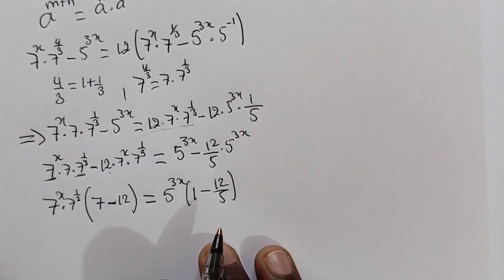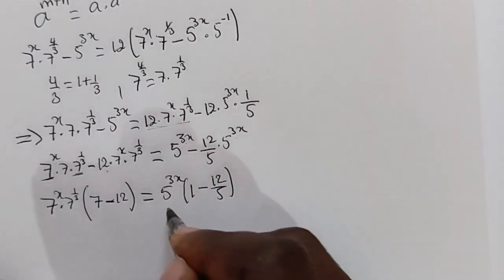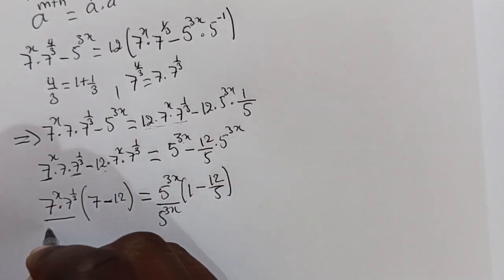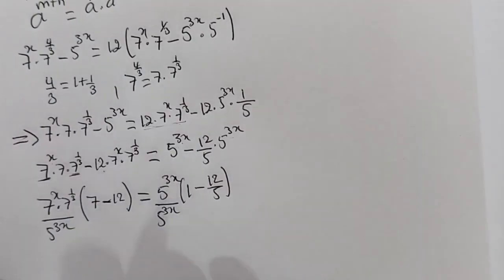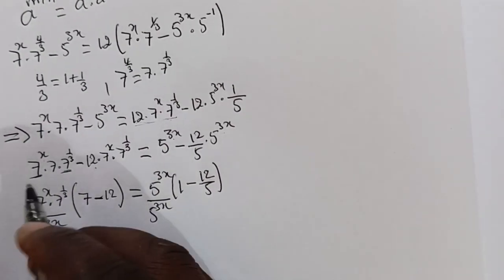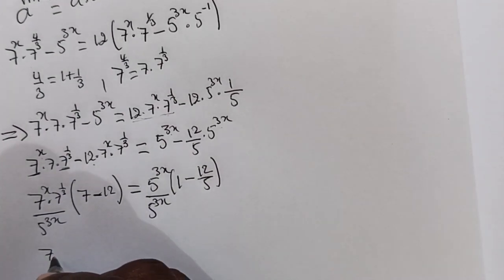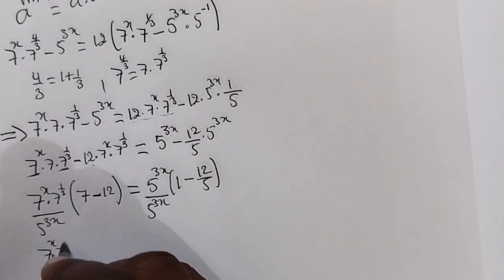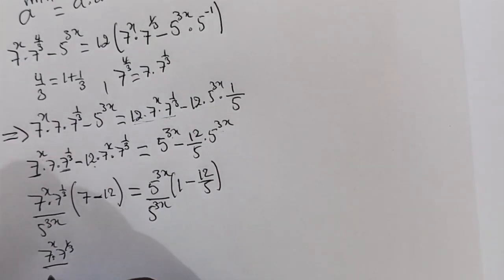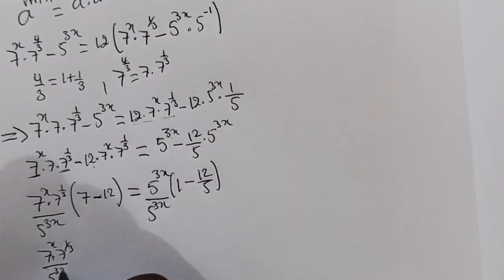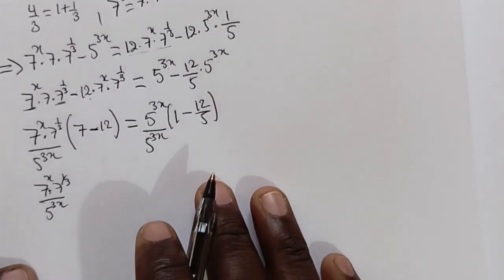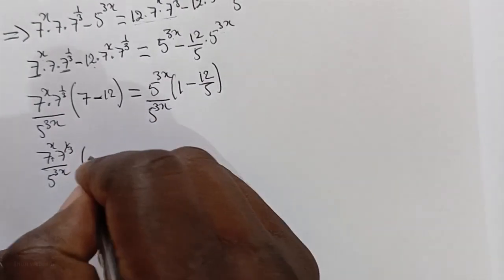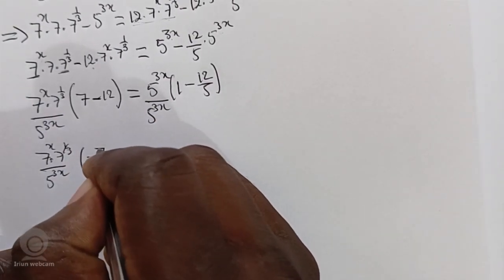Okay. Now, dividing 5 to the power of 3x on both sides, I have 7 to the power of x times 7 to the power of 1 over 3 over 5 to the power of 3x times, here is minus 5.